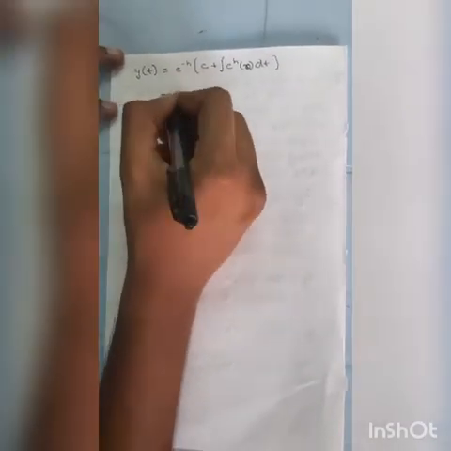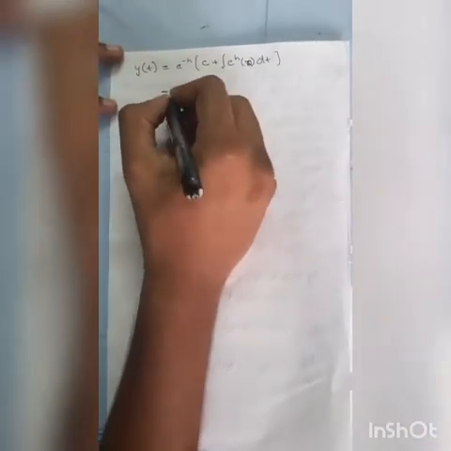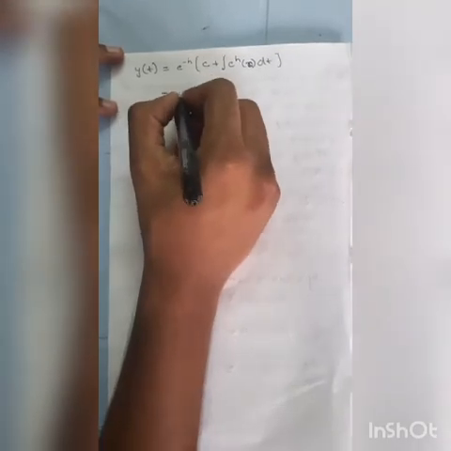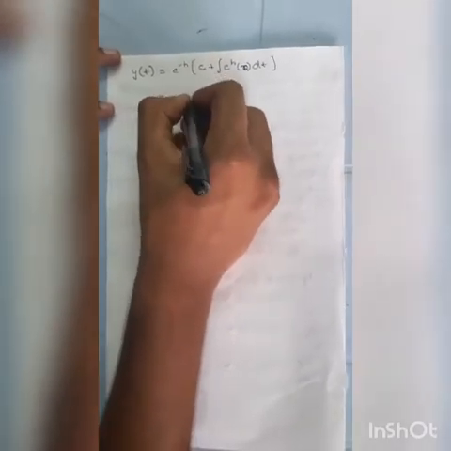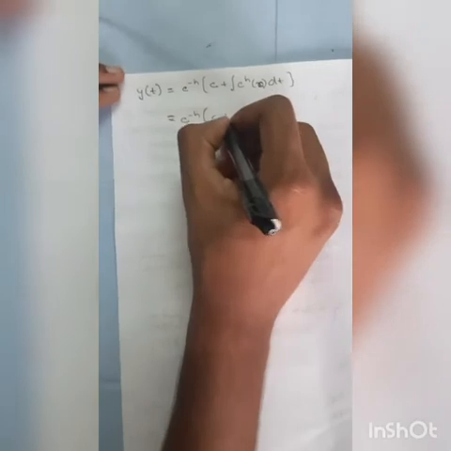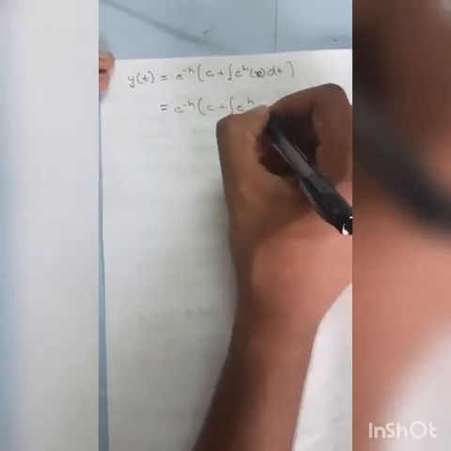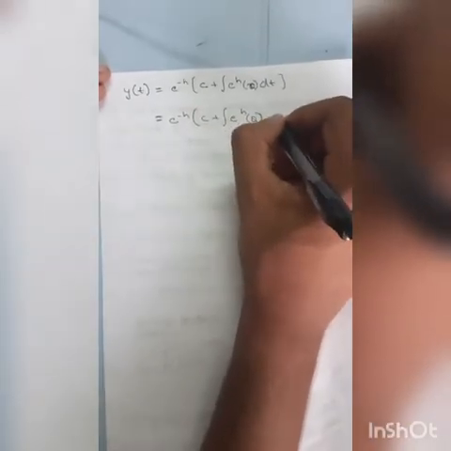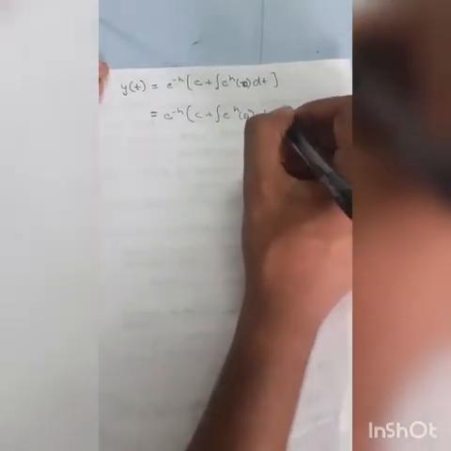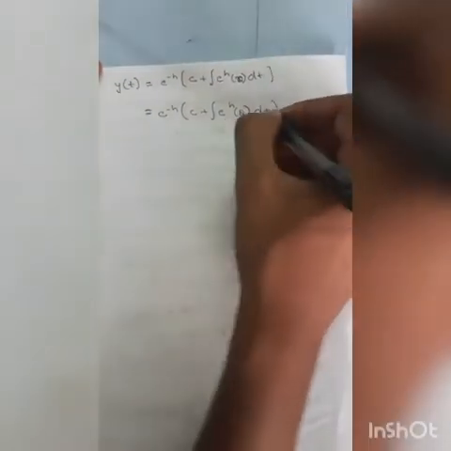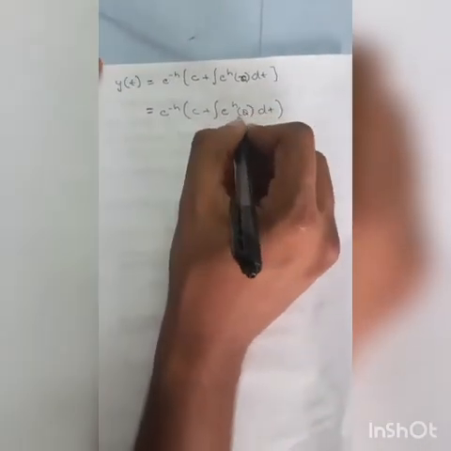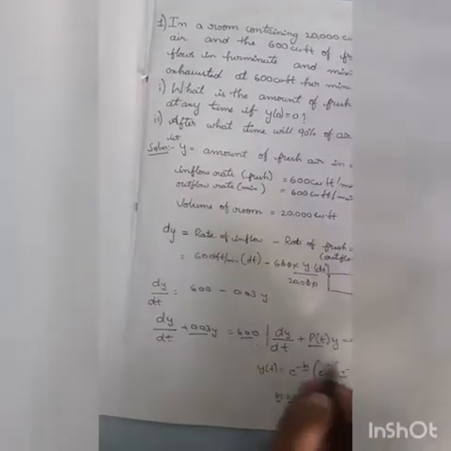By substituting those terms, we get e to the power minus h times c plus integral e to the power h into q, where q is 600.